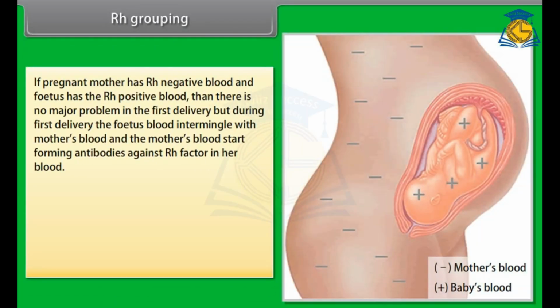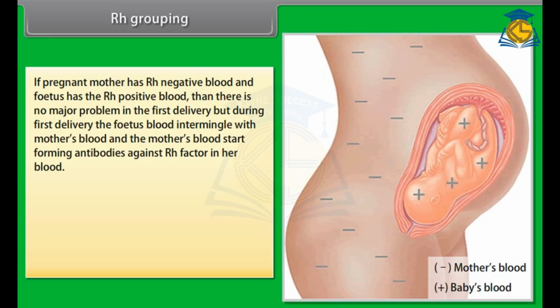If a pregnant mother has RH negative blood and the fetus has RH positive blood, then there is no major problem in the first delivery. But during the first delivery, the fetus blood intermingles with the mother's blood and the mother's blood starts forming antibodies against RH factor.